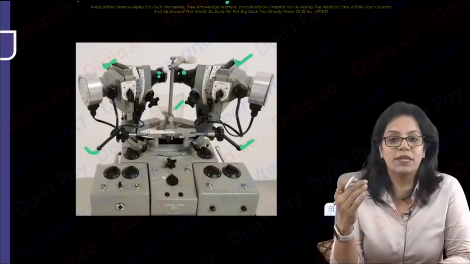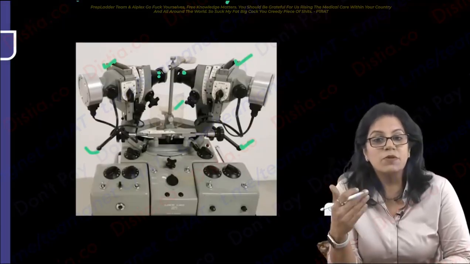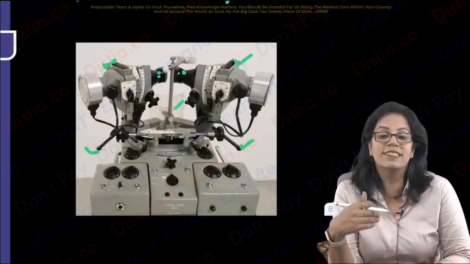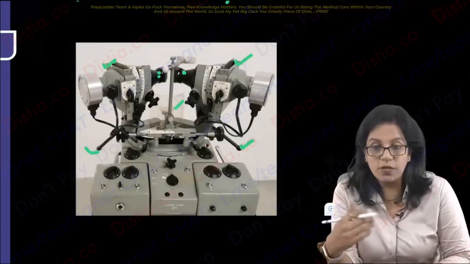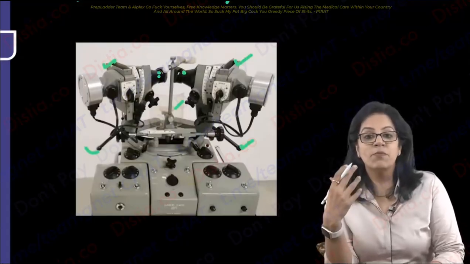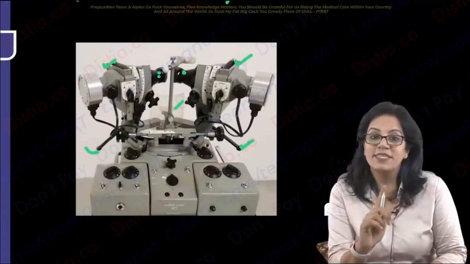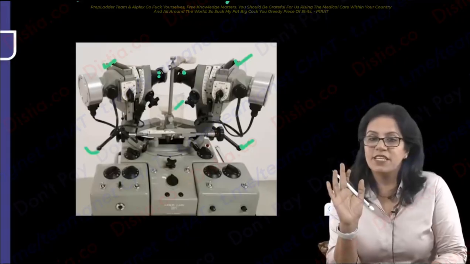I've already taught you that it will not only tell you the angle of squint, the amount of squint, how much is the squint. It is also helpful to tell you what grades of binocular single vision this patient has. It can help you to improve those grades with orthoptic exercises, but only if your patient is within 8 years of age.